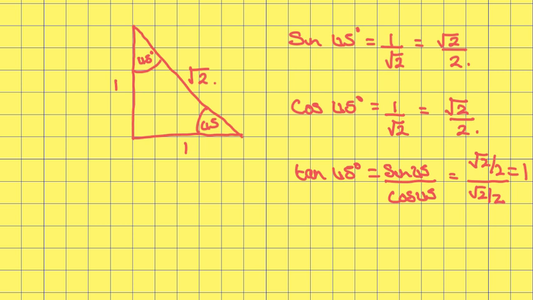So sine 45 degrees is root 2 over 2, cos 45 degrees is root 2 over 2, and tan 45 degrees is equal to 1. You have to be able to derive all these angles, or you need to memorize them so they can be used in paper 1 questions in the exams.